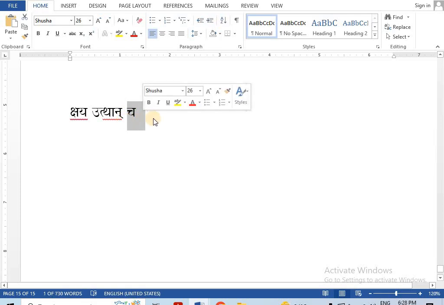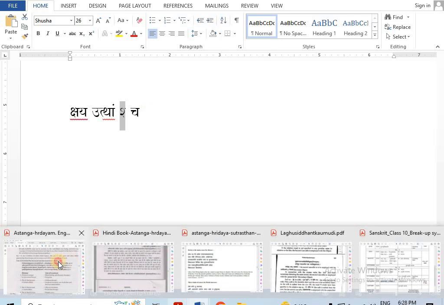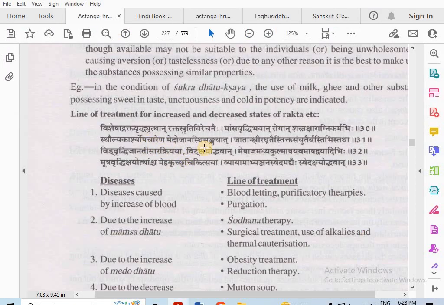Okay, but here you need to see that the na that is coming at the end of the word utthan changed to dot, and this palatal sha is coming in between, because in the shloka if you read you will find utthanscha. So na of than, na becomes dot, and then cha, then palatal sha you can see here.